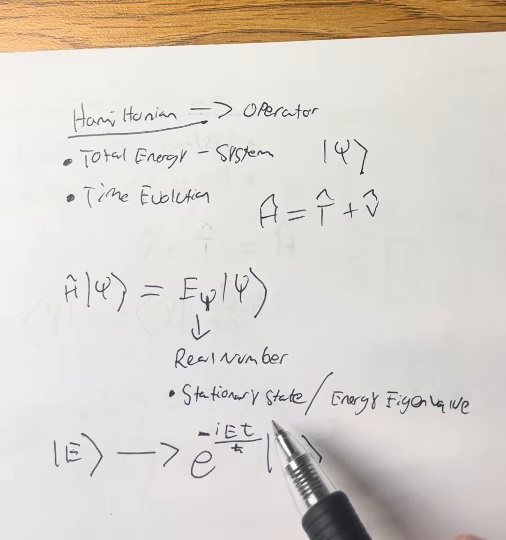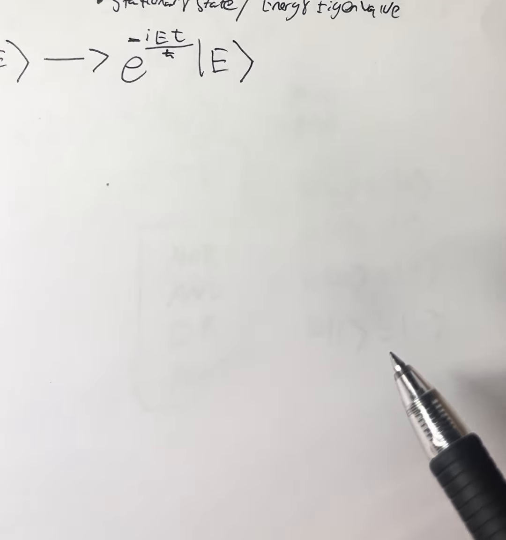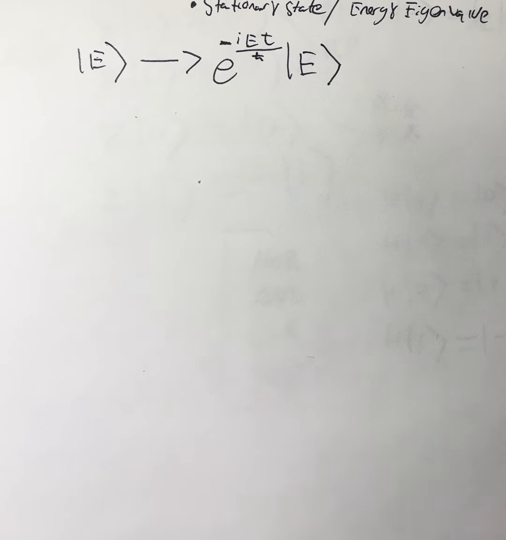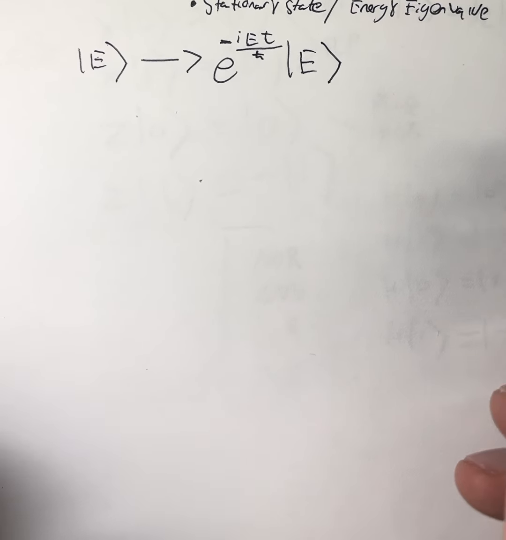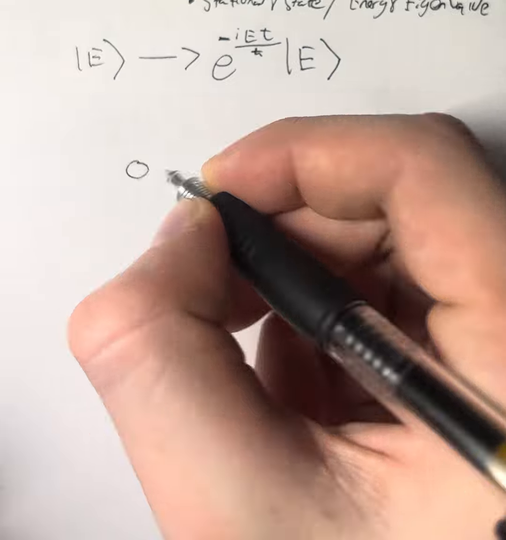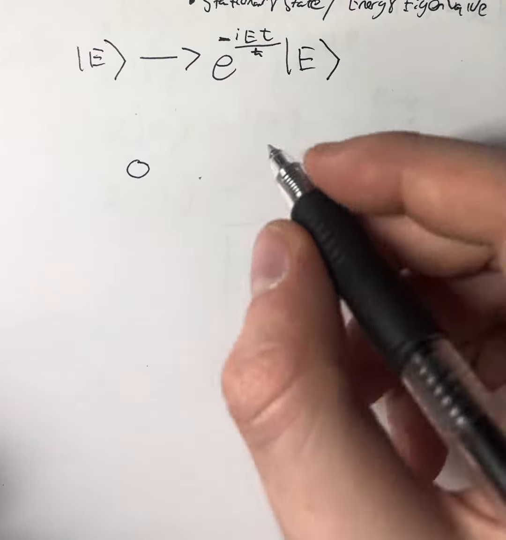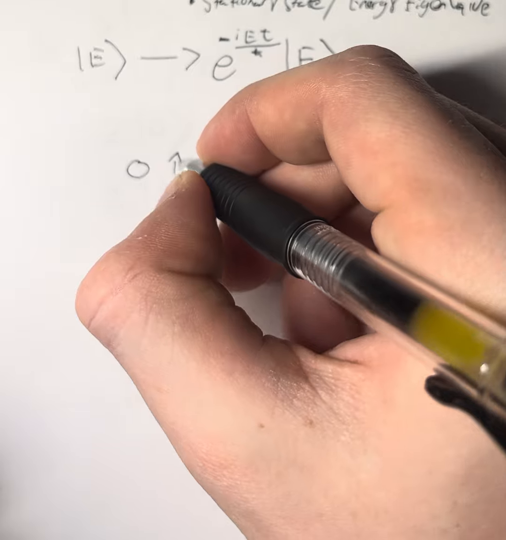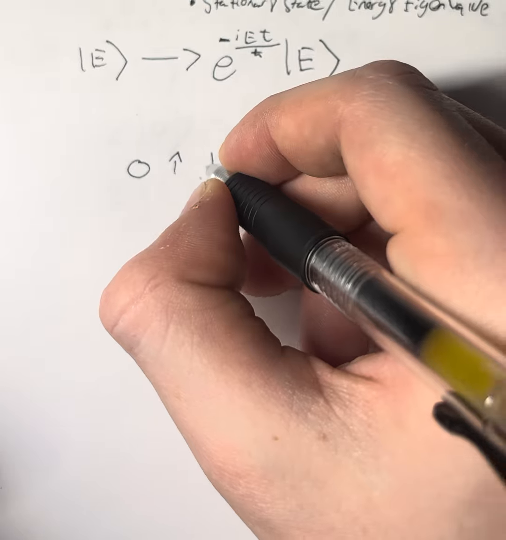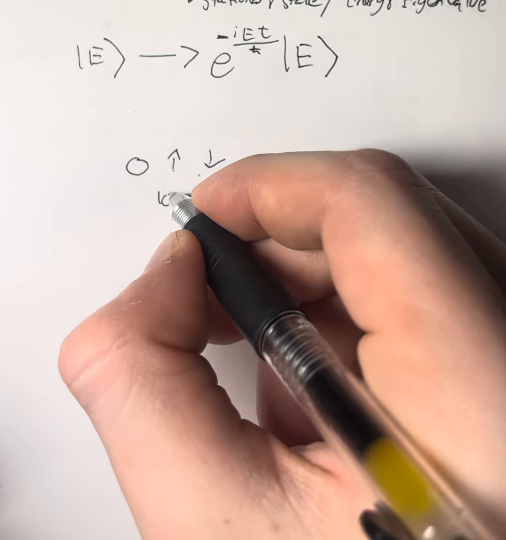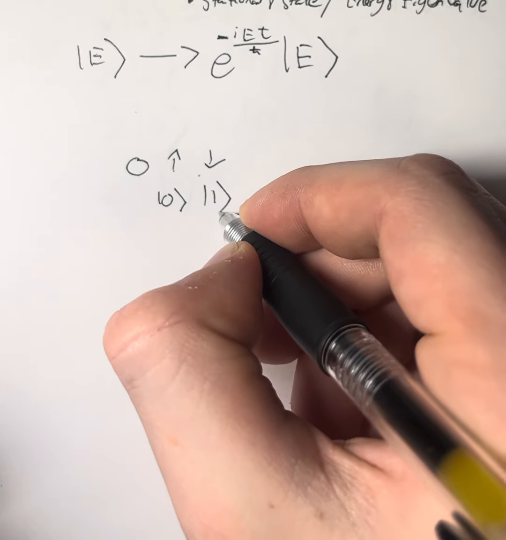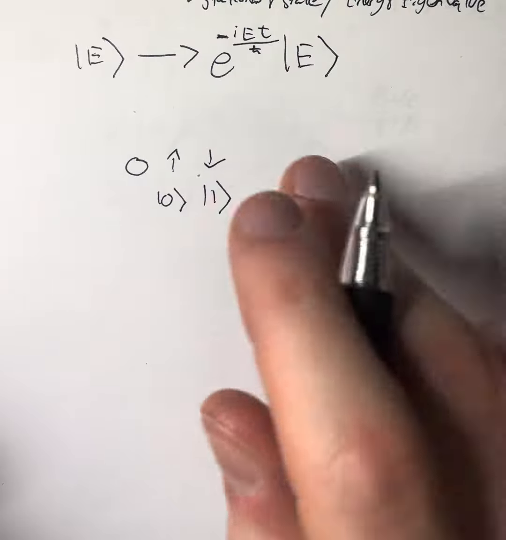Now, let me give you an example that I think will help explain Hamiltonians in a much easier way in terms of the qubits we've been talking about before. So let's say we have an electron, any sort of electron. This electron can have a spin up and a spin down corresponding to two quantum states, Ket 0 and Ket 1.